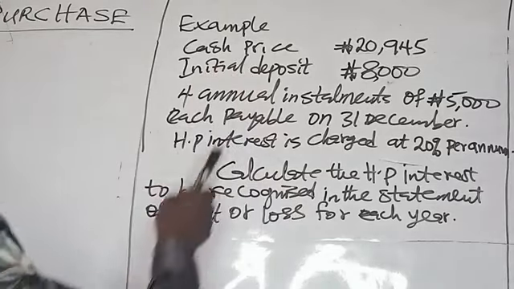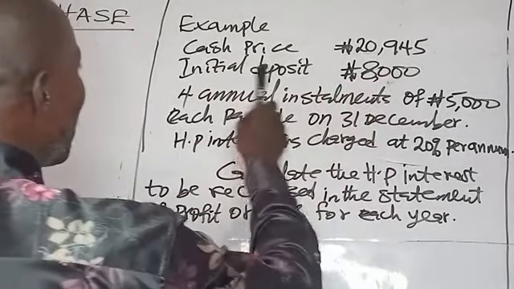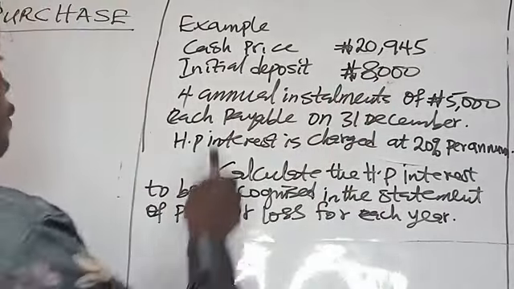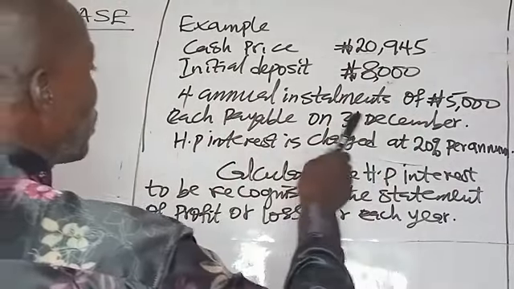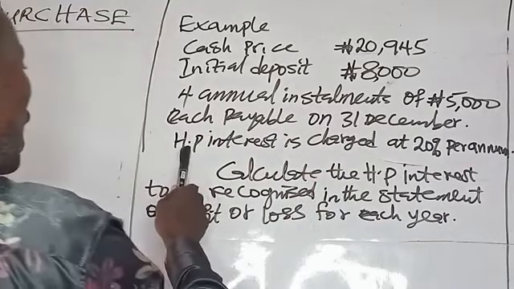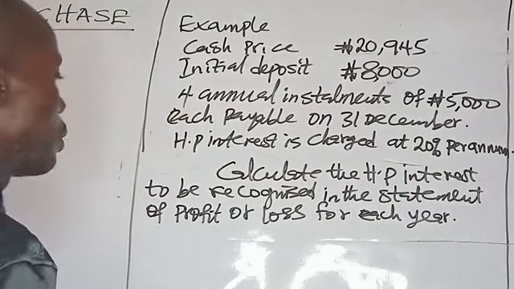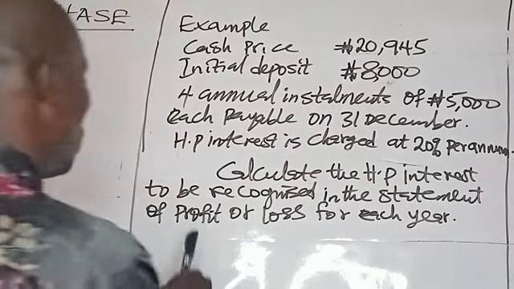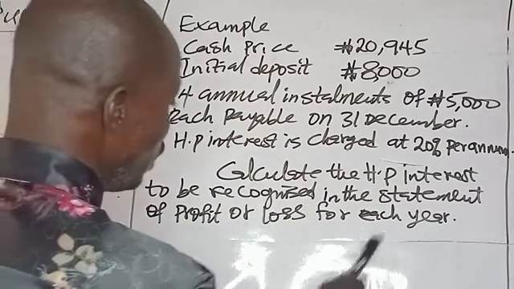Example: cash price 20,945 naira, initial deposit of 8,000 naira, 4 annual installments of 5,000 naira each, payable on 31st December. Hire purchase interest is charged at 20% per annum. Calculate the hire purchase interest to be recognized in the statement of profit or loss for each year.